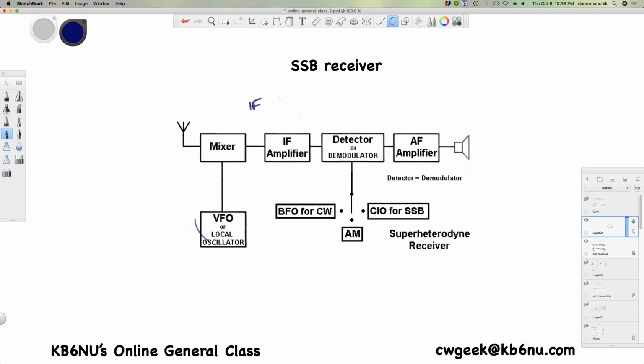In the simplest receivers, that's at like 455 kilohertz. That goes into the IF amplifier and detector. So all this operates at the same frequency range, around 455 kilohertz. They all operate at the intermediate frequency.